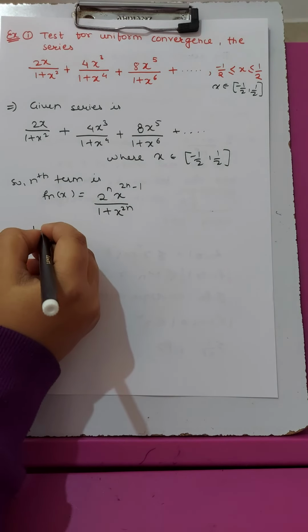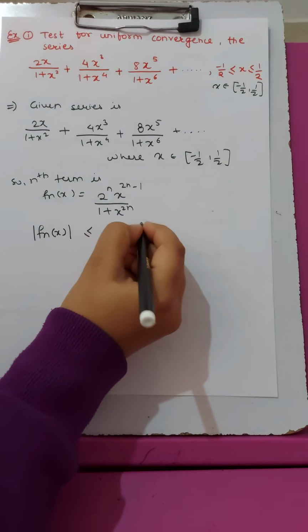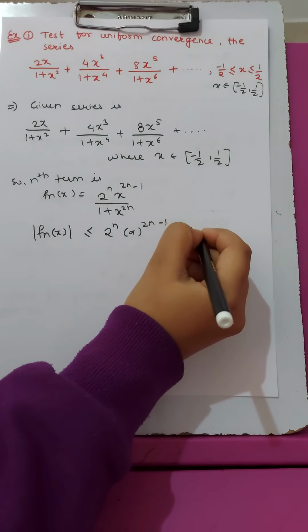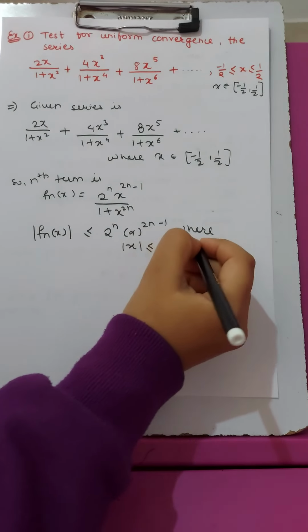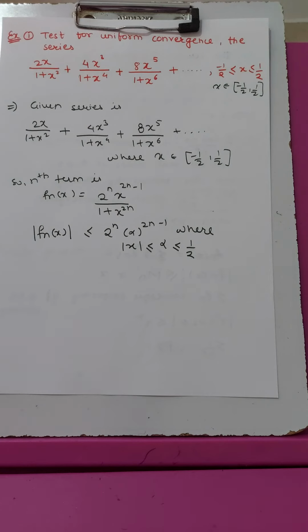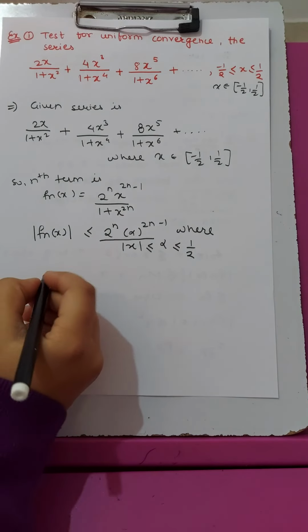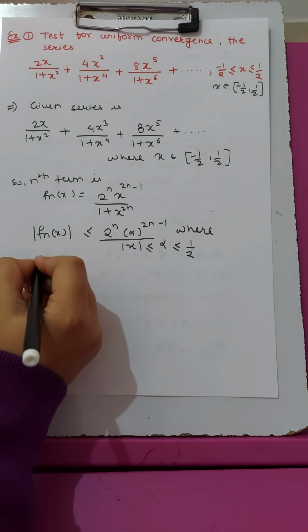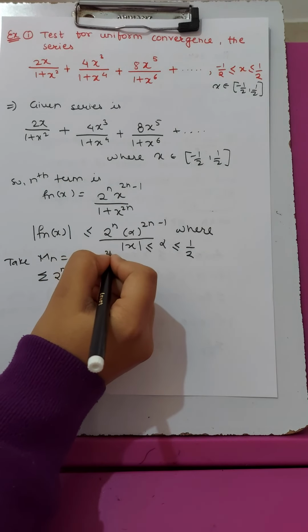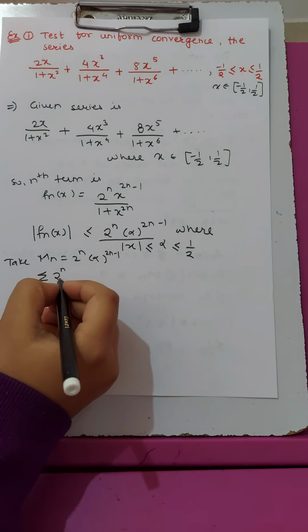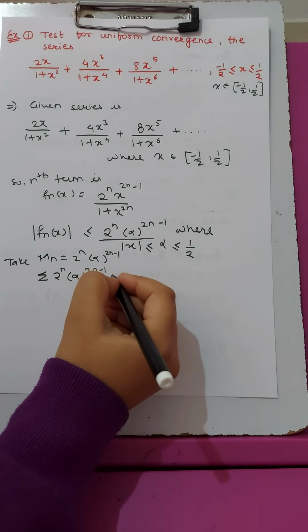So here you can see that mod of fn of x is less than 2 to the power n alpha to the power twice n minus 1, where mod of x is less than or equal to alpha, which is less than or equal to 1 by 2. So taking this as Mn, that is Mn equals 2 to the power n alpha to the power twice n minus 1, this series summation of 2 to the power n alpha to the power twice n minus 1 converges.